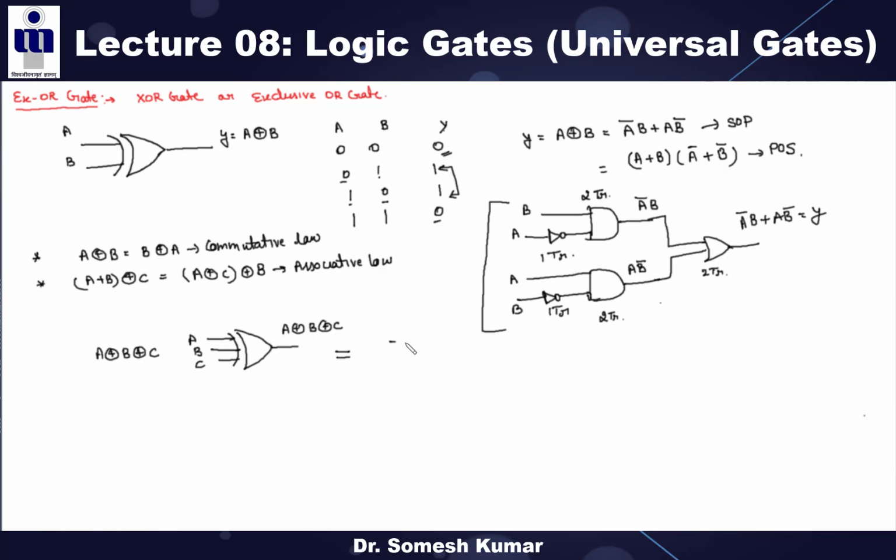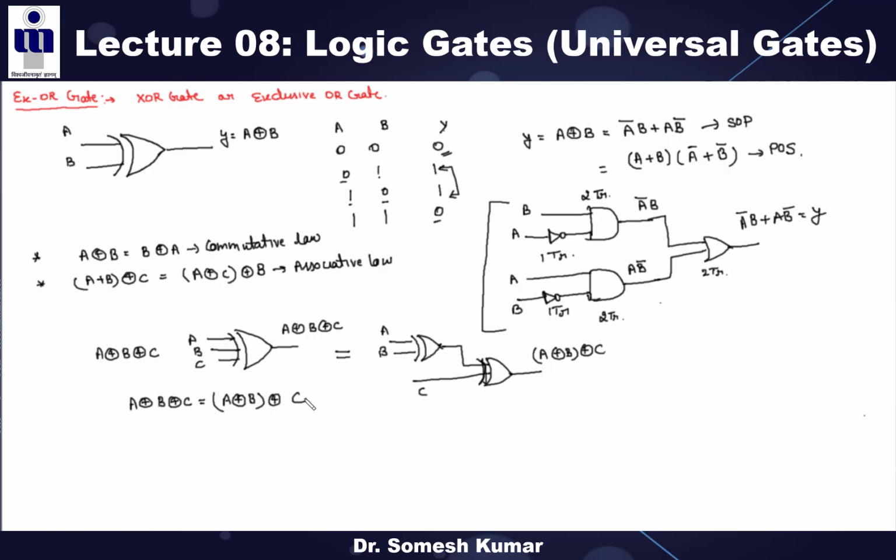In actual it is like this: A XOR B and then XOR C. The actual is this, right? So from here we can say A XOR B XOR C is equal to this, and you can verify this from the truth table also.